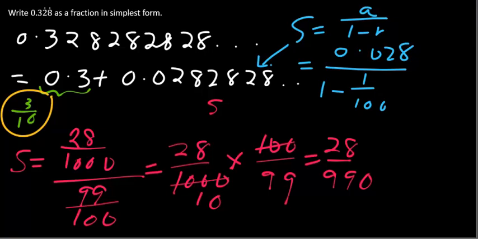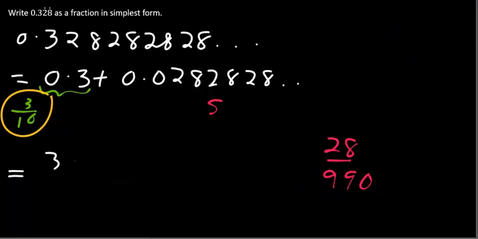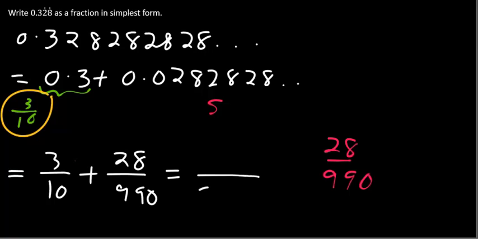Now let's add this to that to get the final answer. So it's 3 over 10 plus 28 over 990. And that's going to be, let's make the denominator equal by multiplying this with 99.